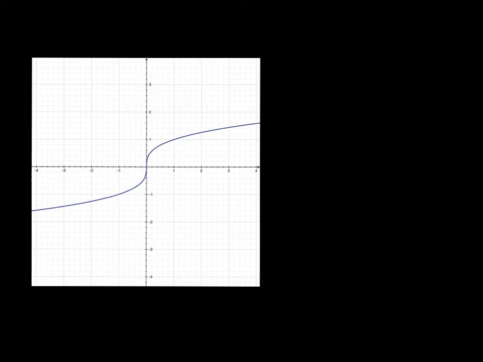And this is the next case we're going to look at. This is the graph of x to the 1/3. And we're still looking at where x is equal to 0. Now notice that when x is equal to 0, our function is continuous at x equals 0.